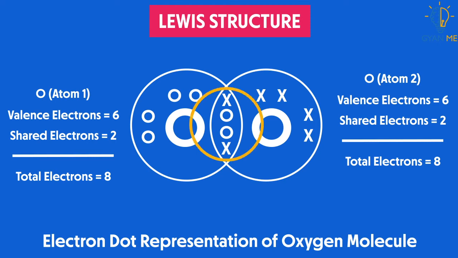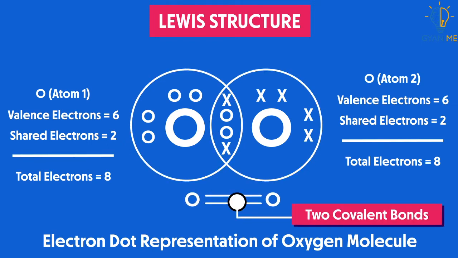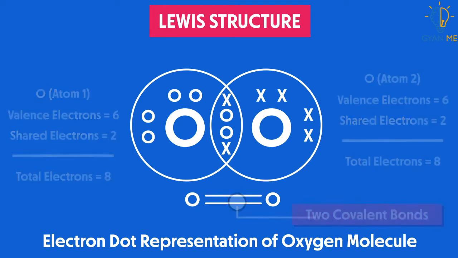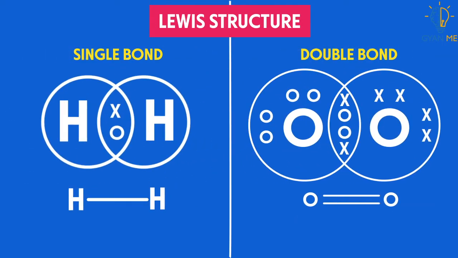Thus, 4 electrons are shared between 2 atoms. Or we can say that here 2 pairs are shared. And this results in the formation of 2 covalent bonds. Now, why so? As you know, the formation of one covalent bond requires sharing of one pair, that is 2 electrons.